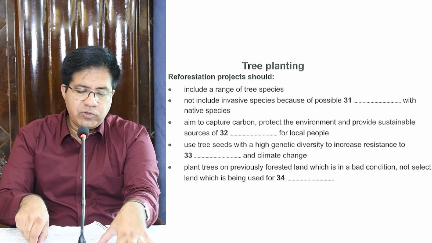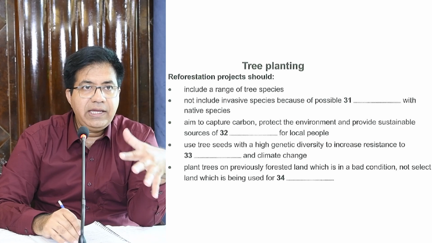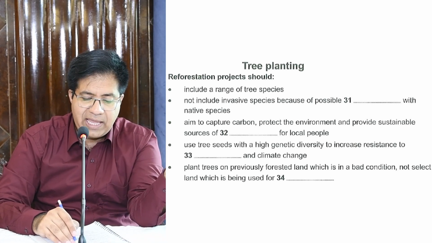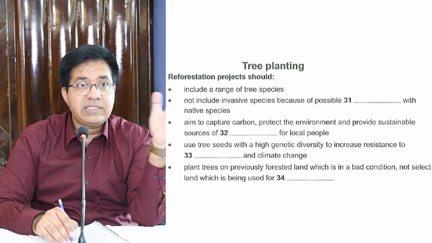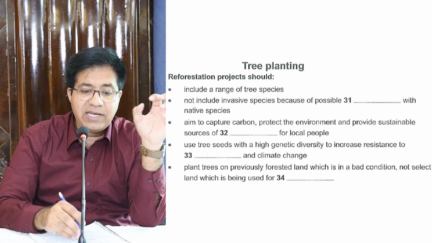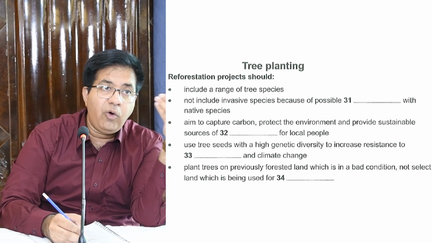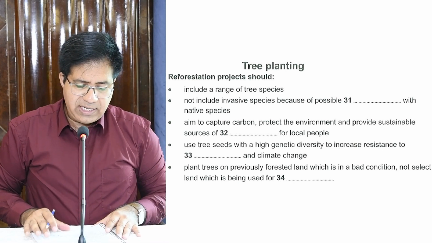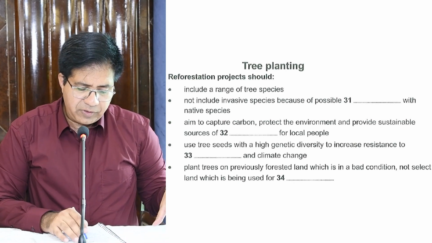Okay, now if you use low genetic diversity, it can make them vulnerable to disease. So in order to increase resistance, you need to use high genetic diversity. What did they do? They gave the answer with low genetic diversity. This is one of the common things. Correct answer is disease. Question number 34.